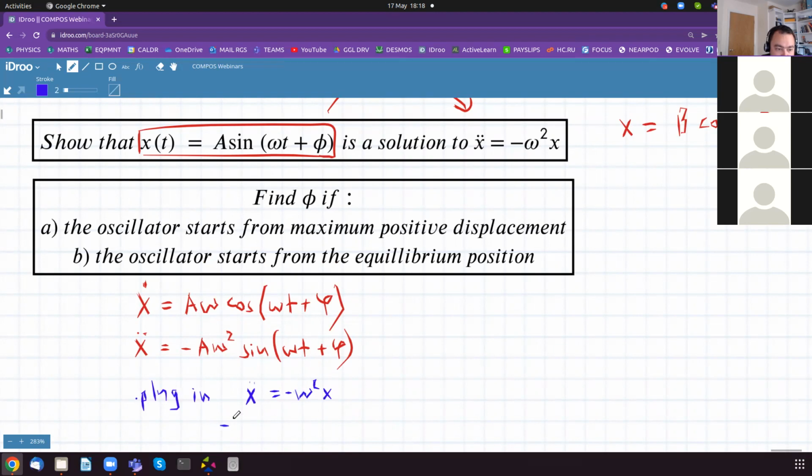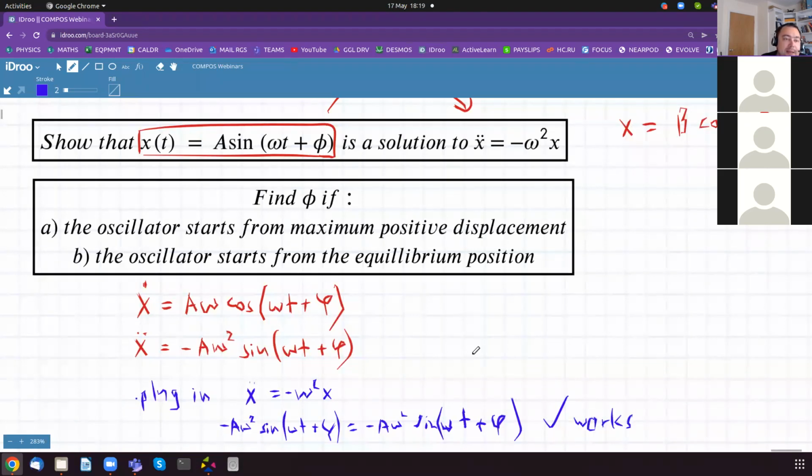So we get minus a omega squared sine(omega t plus phi) equals minus a omega squared sine(omega t plus phi). Right, the computer is not responding quick enough for my writing. And it works. So it is a solution.